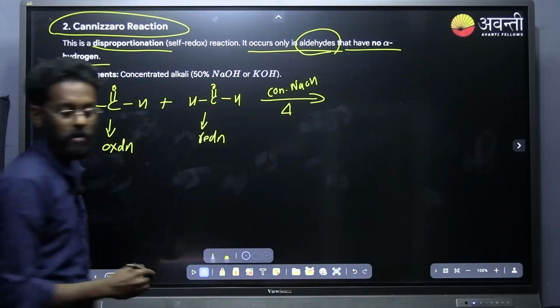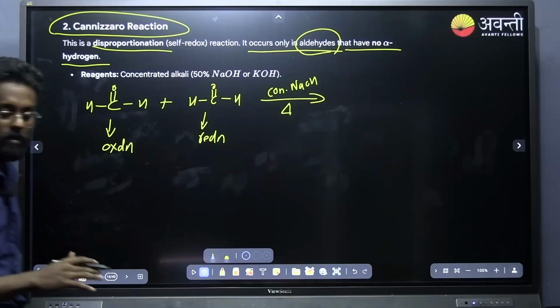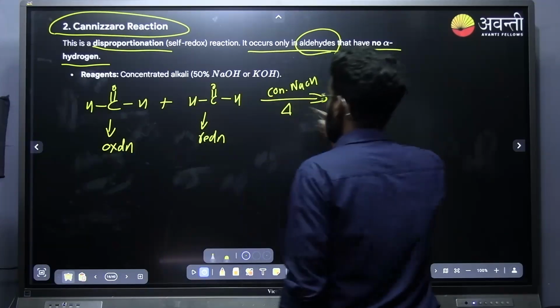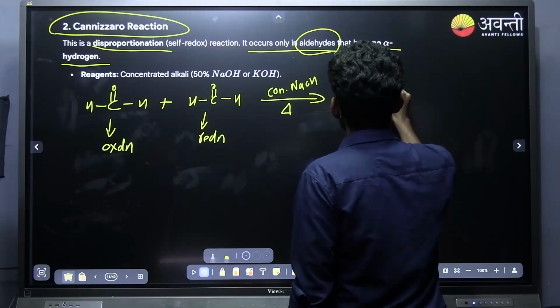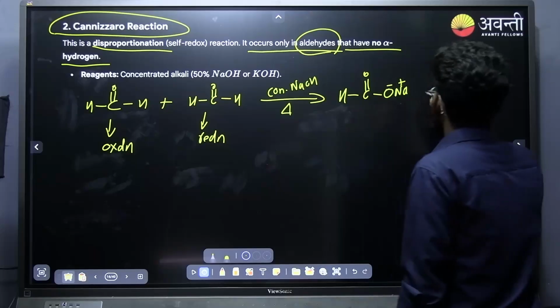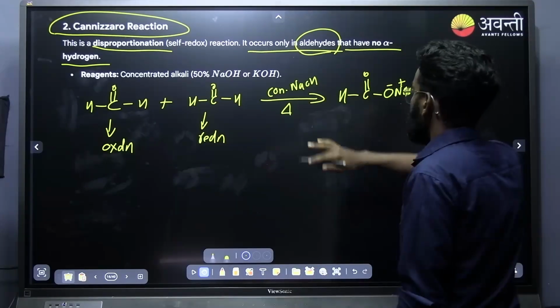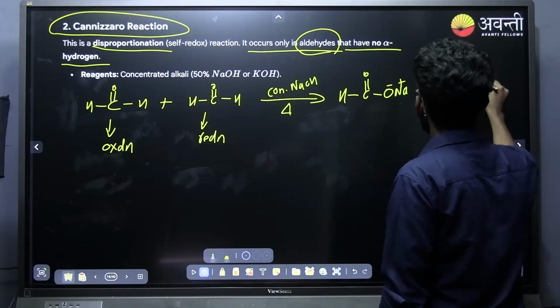That's the only difference. So the first one undergoes oxidation, so I will be getting HC double bond O Na, the sodium salt. Then the second will undergo reduction. When an aldehyde undergoes reduction, what will I be getting? CH2OH.